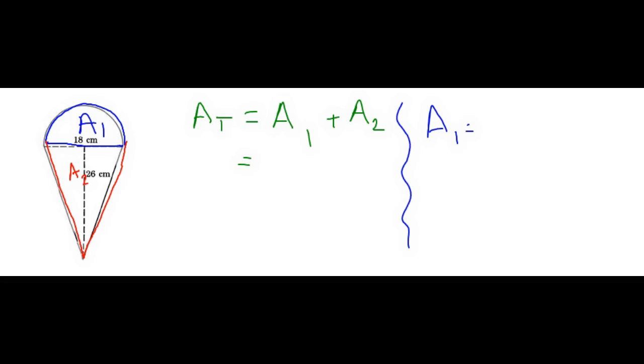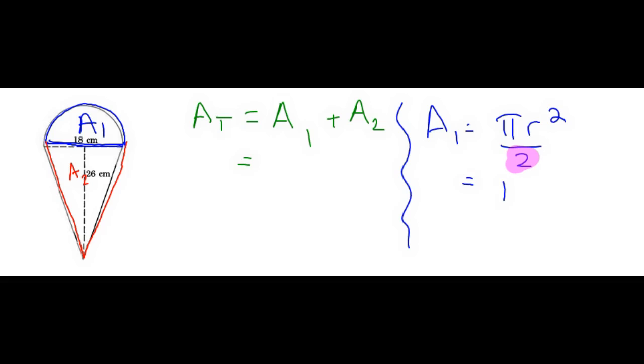So to solve for its area, I'm going to look at, well, what is the formula for a whole circle? And that is pi r squared. So pi times whatever the radius is squared. Since it's a half circle, and it's not a whole circle, but just a half of a circle, I'm going to divide by 2. Divide whatever the area for a whole circle would be by 2 in order to get that semicircle's area.